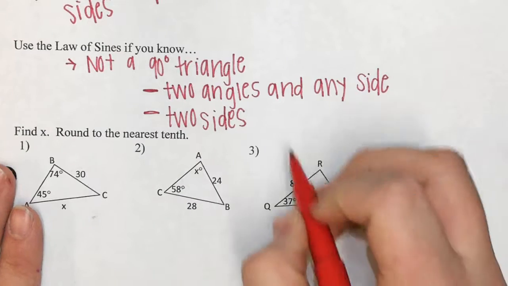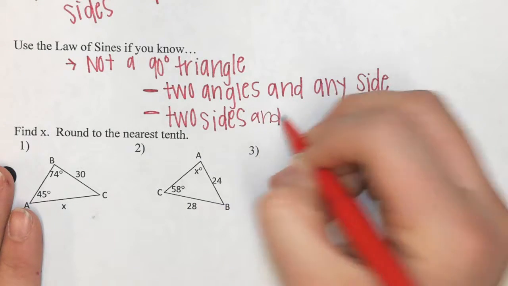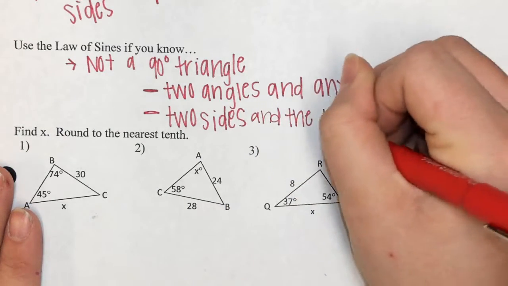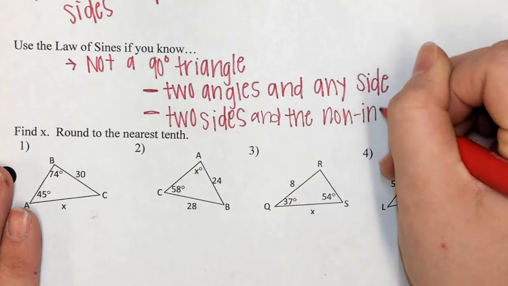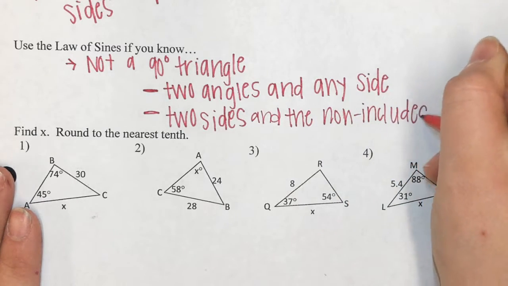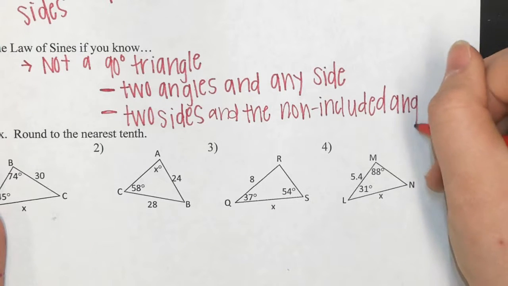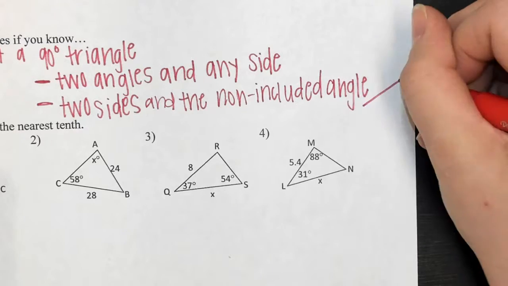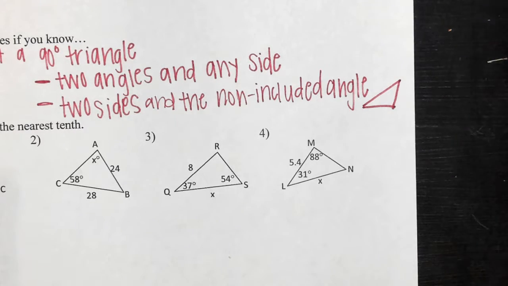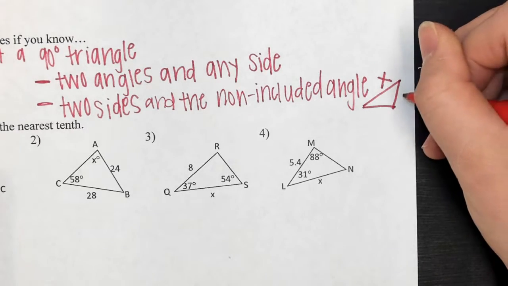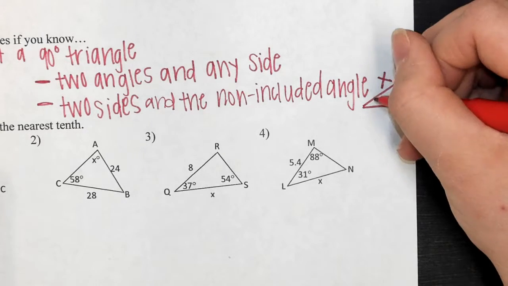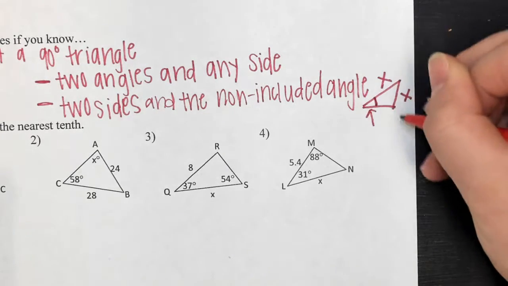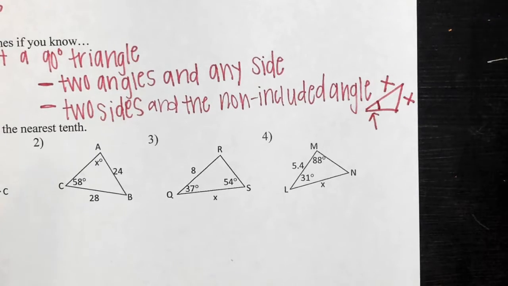or two sides and the non-included angle. Non-included means if I have a triangle and I know this side and I know this side and I know the non-included, the angle that's not in between those two.